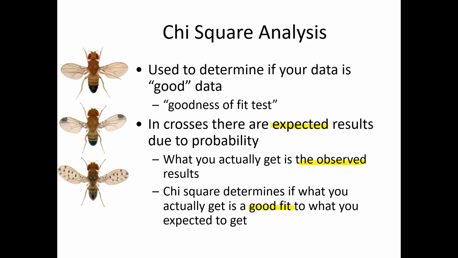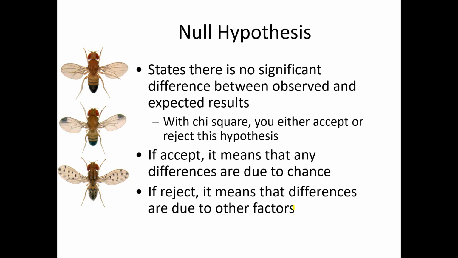Or if the numbers are close enough, it'll kind of help us decide, well, yeah, that was a fair coin. You know, we aren't going to get perfect results every time. So what we're using chi-square for is essentially a mathematical way to determine that our numbers are close enough to the expected, or they're not close enough to expected, okay? It's just a way to kind of analyze that using math.